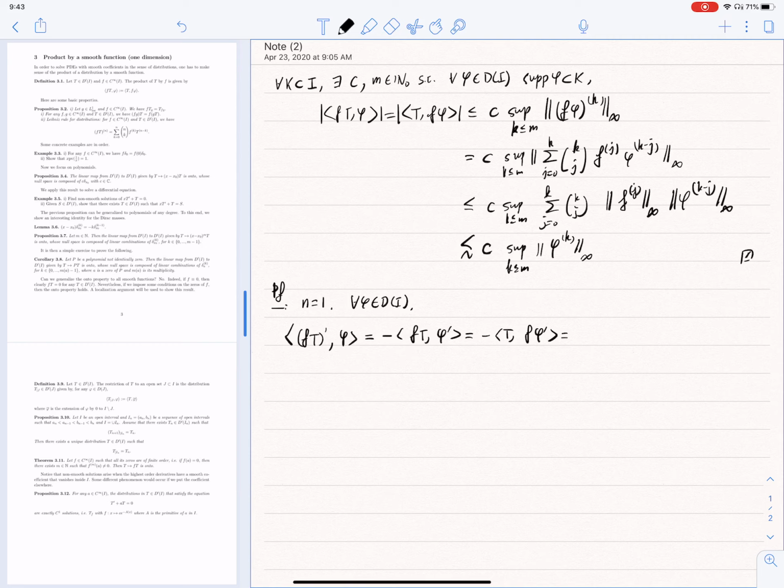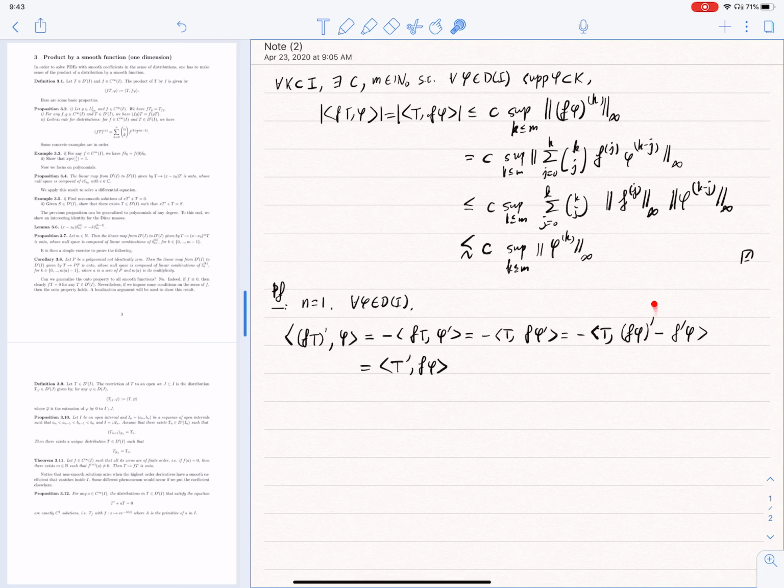Next, we realize that we can apply the Leibniz rule for smooth functions to this, and write it as a difference of f phi' minus f' phi. So we end up having T' applied to f phi for the first term.